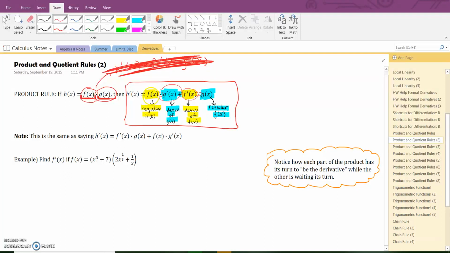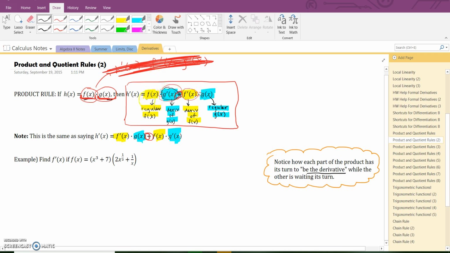So instead of doing f then g prime and then f prime g, you could do f prime g and then f g prime. Order is not going to matter in this case because addition is commutative and so is multiplication. So let's go ahead and do an example. What I want you to notice is each part, the f and the g, has its turn to be the derivative while the other is waiting its turn.